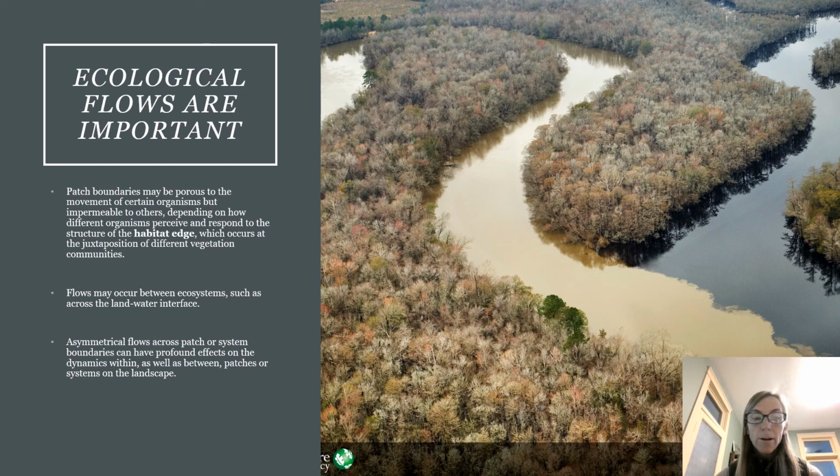Flows can occur between ecosystems, such as across land-water interfaces, and asymmetrical flows across patches or system boundaries have a profound effect on dynamics between patches or systems within a landscape.